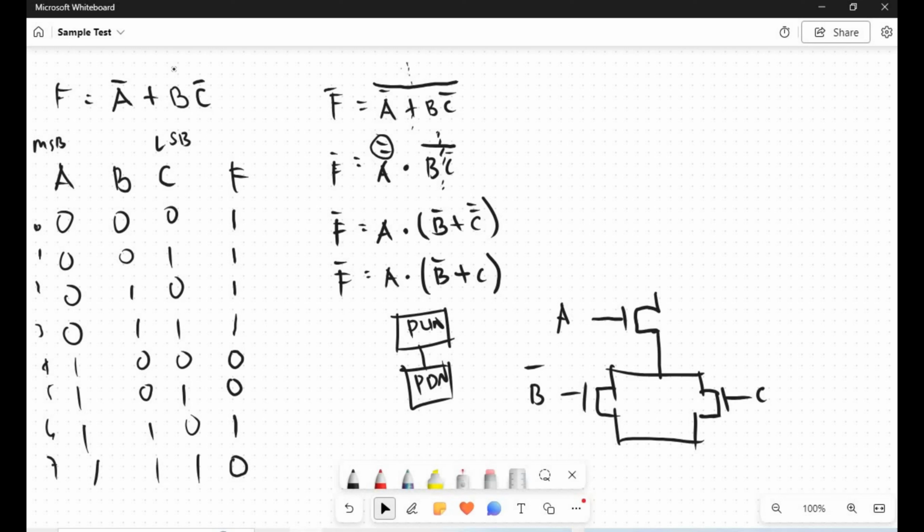If the given is in parallel, you connect it in series and vice versa, so as to prevent both the pull up network and pull down network from being connected to supply and ground at the same time. At a given time, it should only be connected to the supply or to the ground. So either the pull up network is off and the pull down network is on, or the other way around. So thus we have your A connected to a series connection of B.